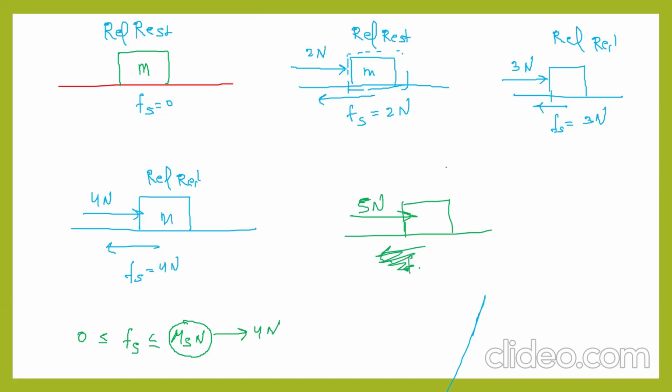Then the object will be in motion. Static friction will not be there. When you are applying 5 Newton, up to 4 it can stop, but 5 Newton is more than 4 Newton.